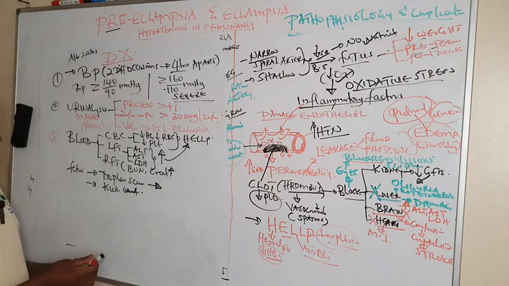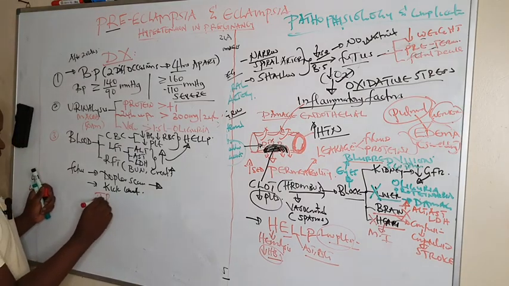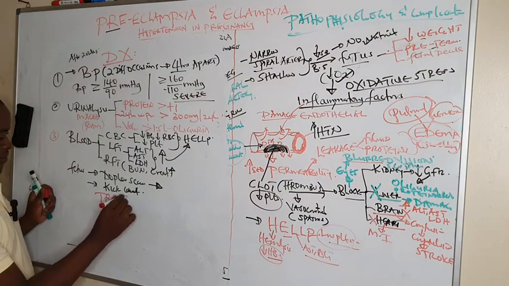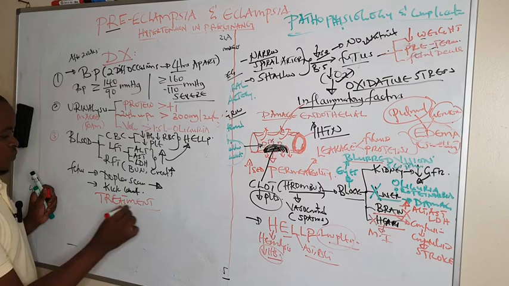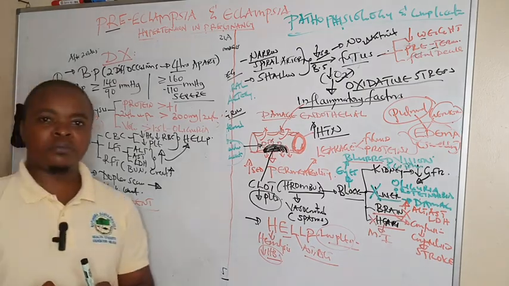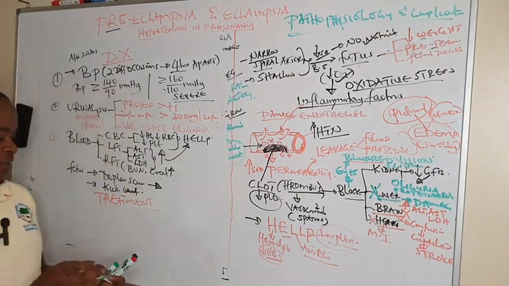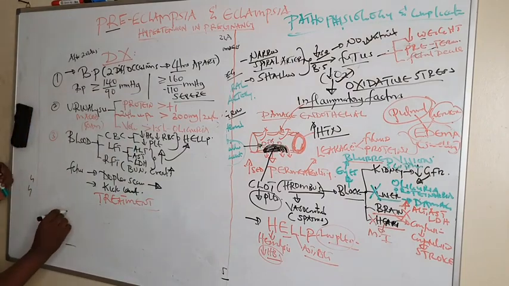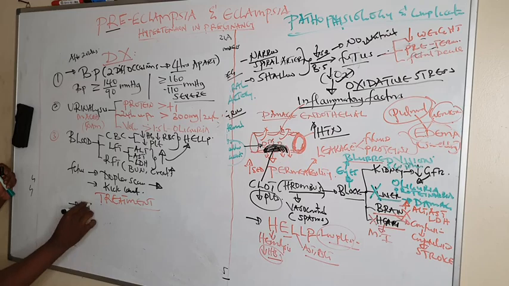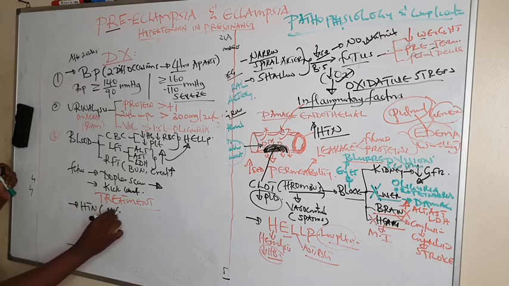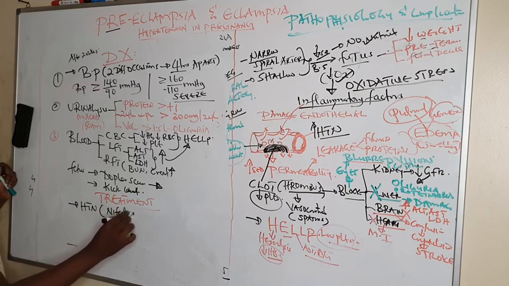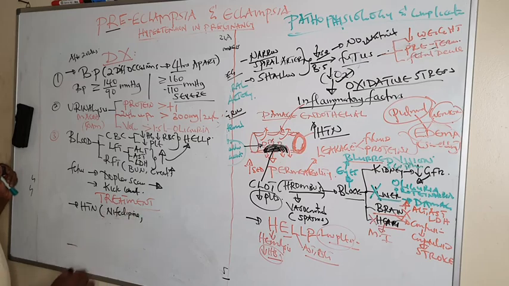Then lastly, we look at the treatment. How do we treat these patients with preeclampsia? The first thing we do is to manage hypertension. First, stabilize the blood pressure by giving antihypertensives like oral nifedipine. You can give oral nifedipine, slow release.